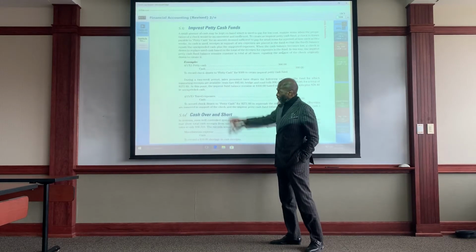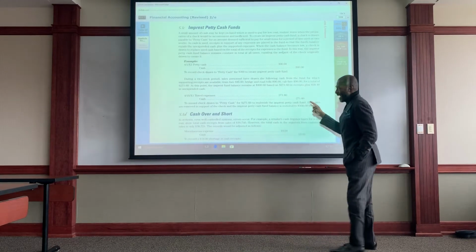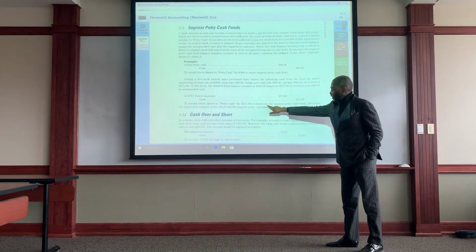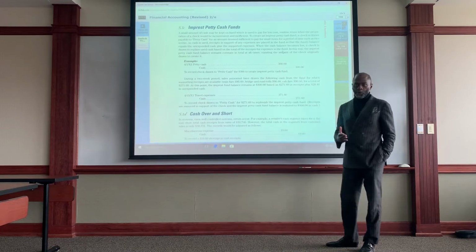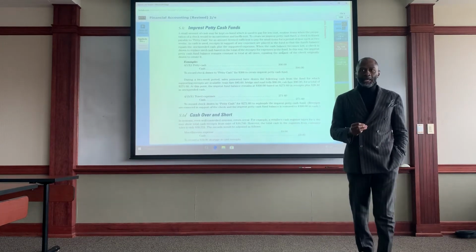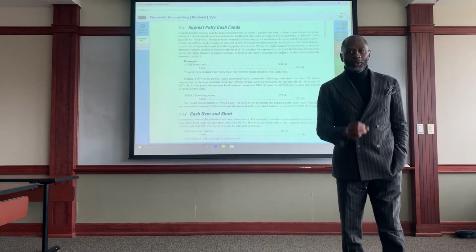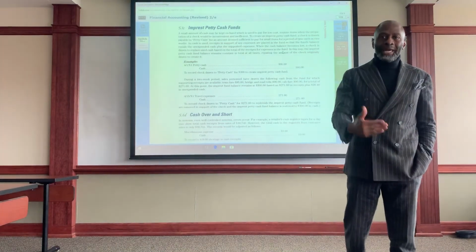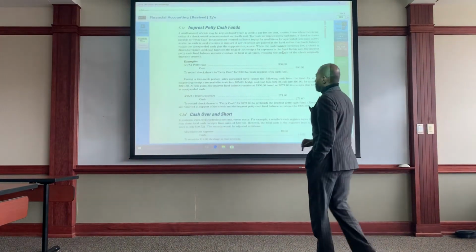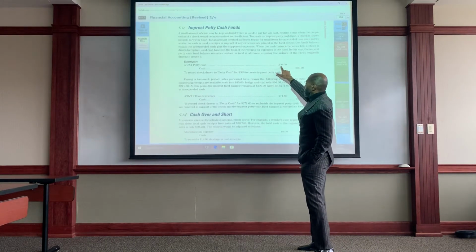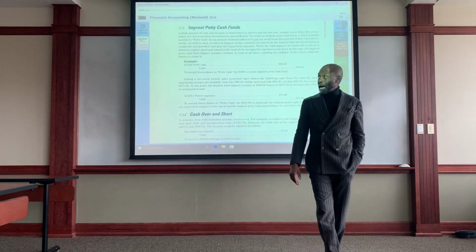You would debit the 3 expenses and credit cash. That replenishes petty cash to its original amount. Very simple. You will debit the expense and then credit cash to replenish the petty cash and keep petty cash on the balance sheet at all times at its original amount.